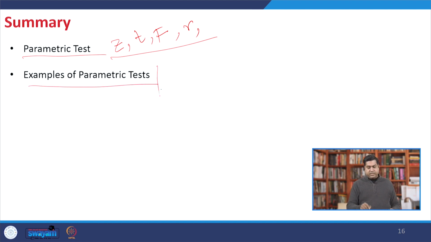And here we have discussed two examples. In the first case, we tried to understand with this particular T test, where we have seen that because the calculated T value is less than the critical value, we fail to reject. And in the second case, we have seen that it is significant even at 0.01, or you can say at 1% significance level.